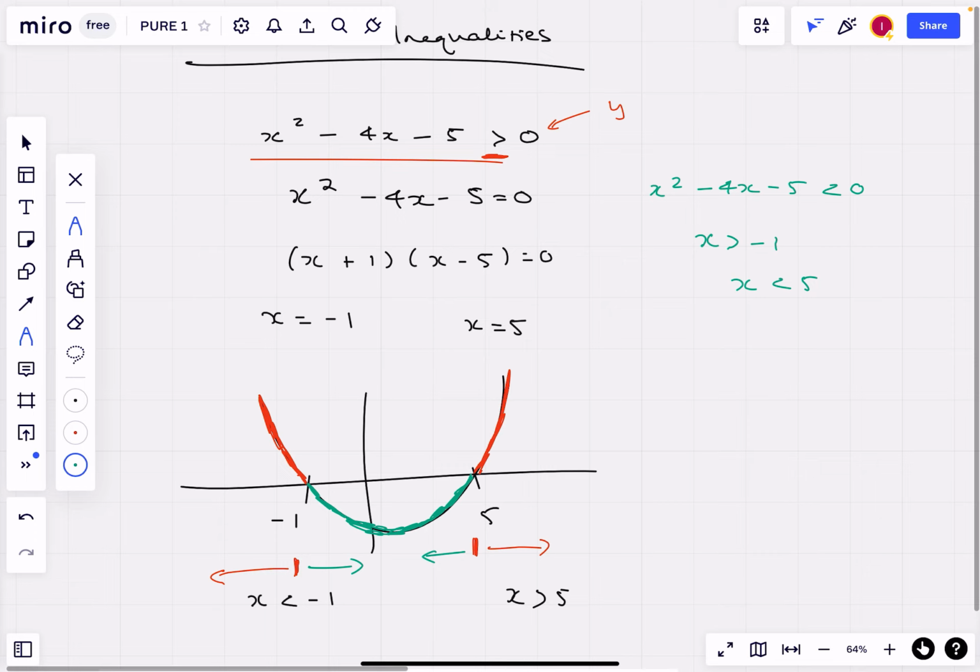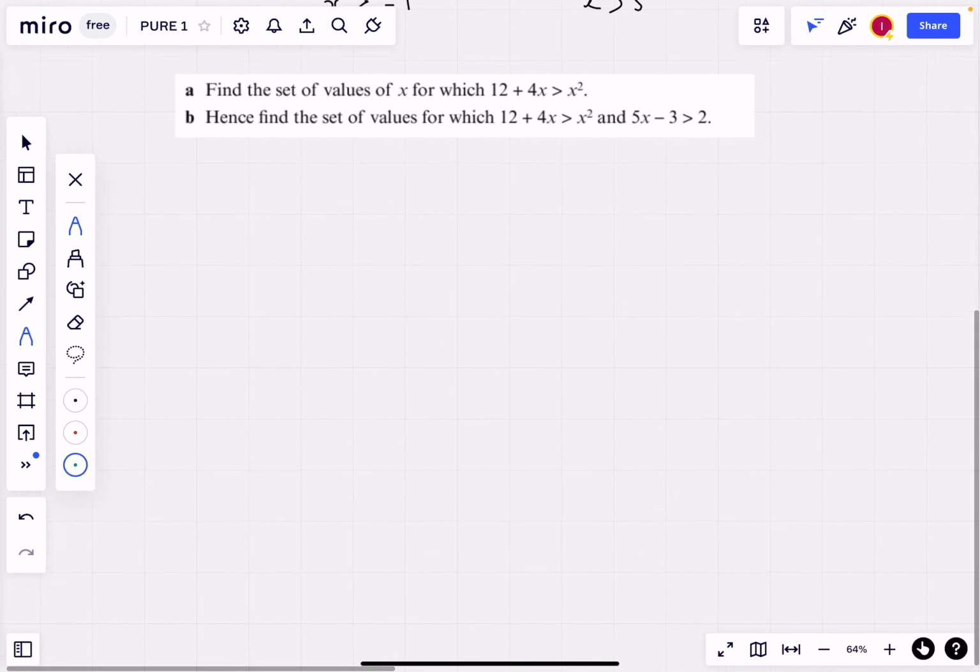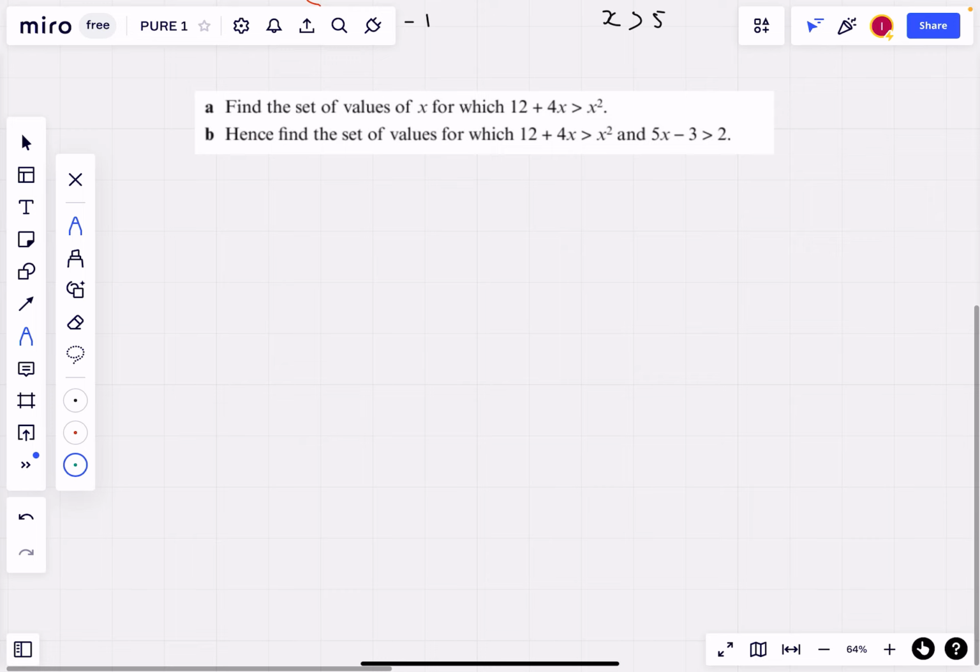Right, so have a look at that question for A. Find the set of values of x for which 12 plus 4x is greater than x squared. We want to rearrange that so we have a quadratic and 0. I want my x squared to always be positive because it's just easier to work with that way.